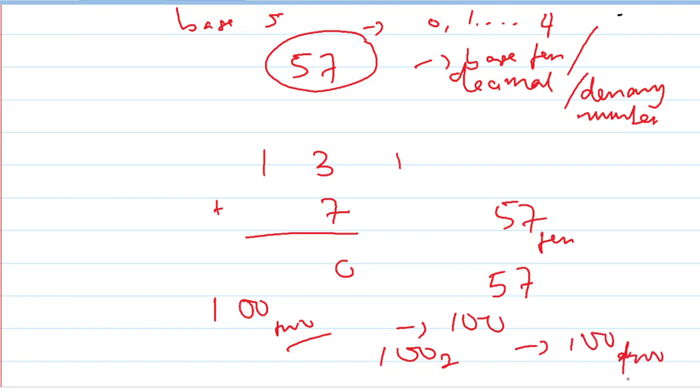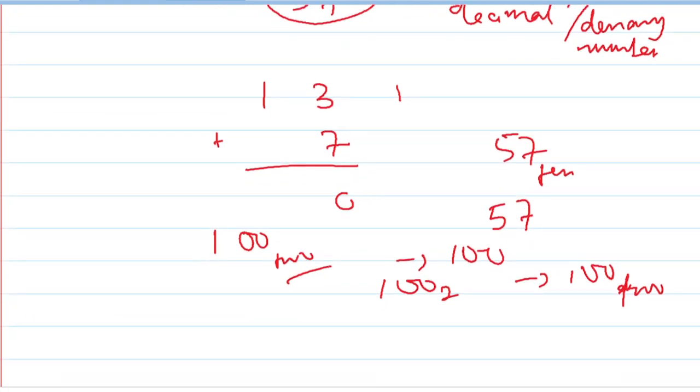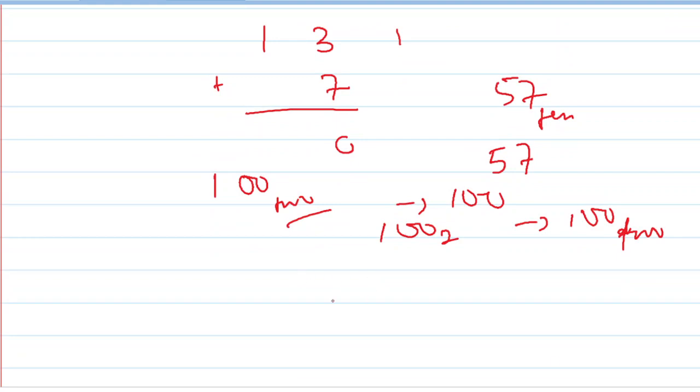This is because if you have bad handwriting like me, and you write your number as 100 base 2, then people might think you wrote 1002. So it is advisable to write it in words like this.